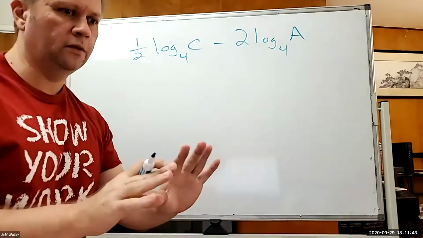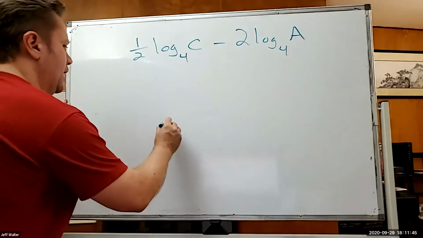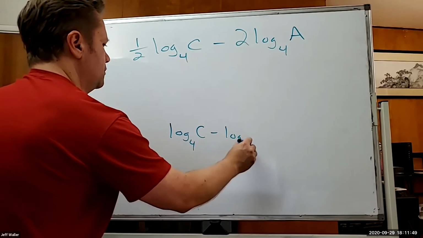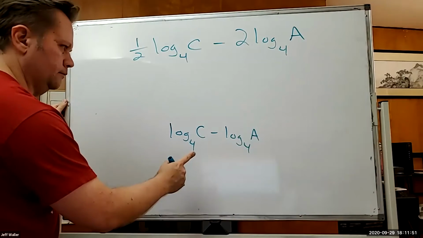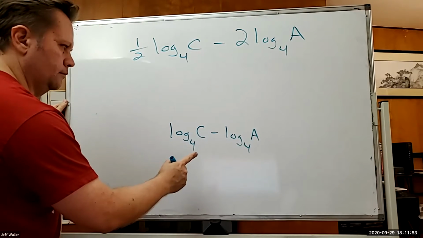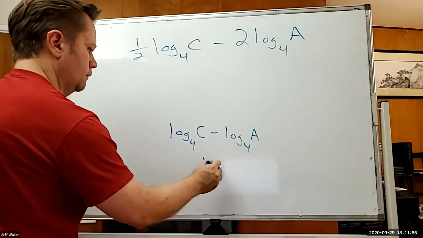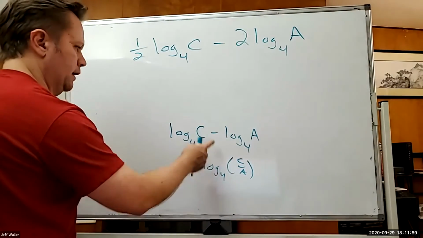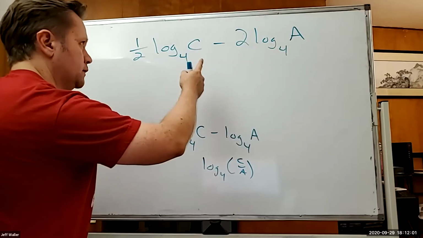All right, if the problem had been this instead, could I do something? It would just be log base 4 of C divided by A. Now consider why that was easy. Exactly what makes this one hard?